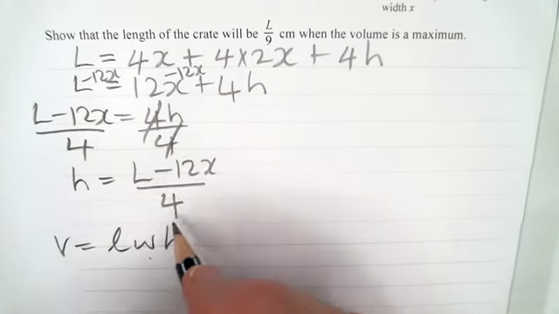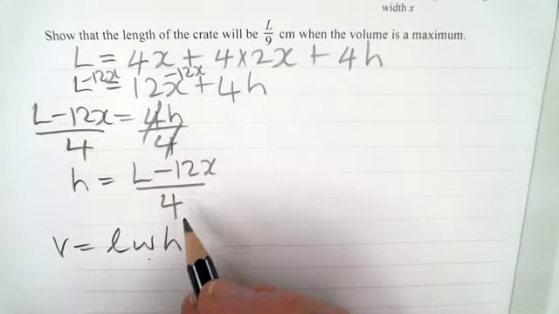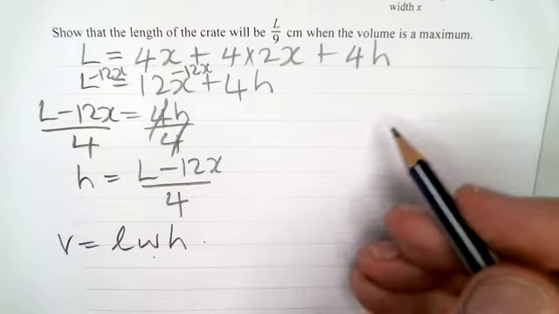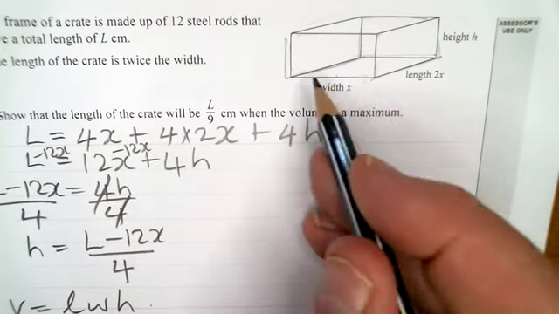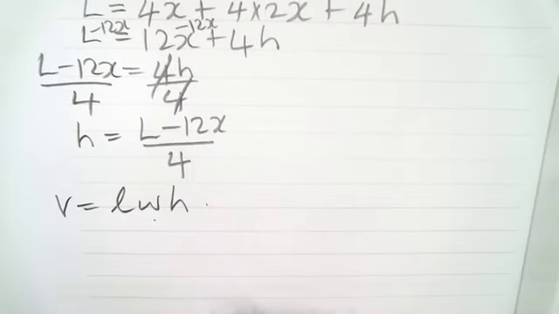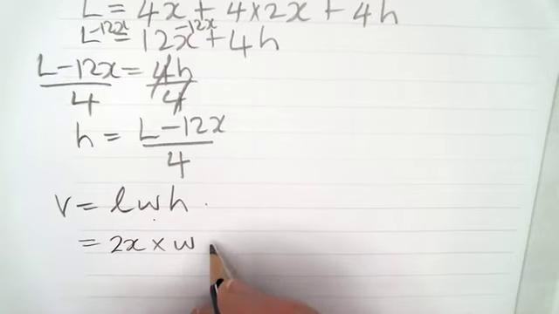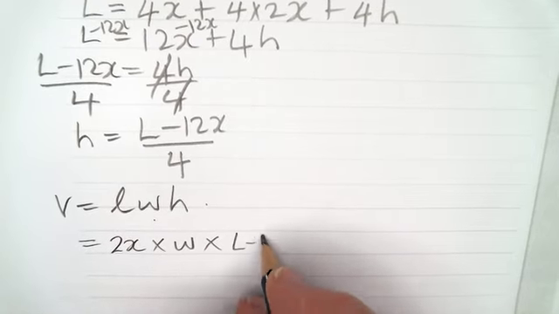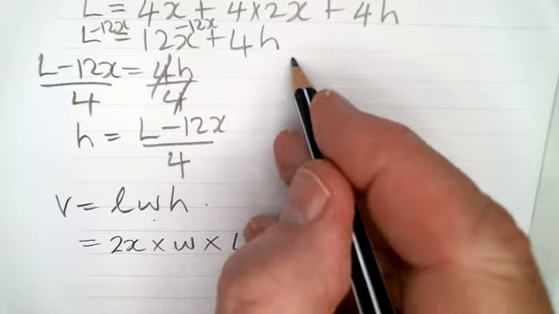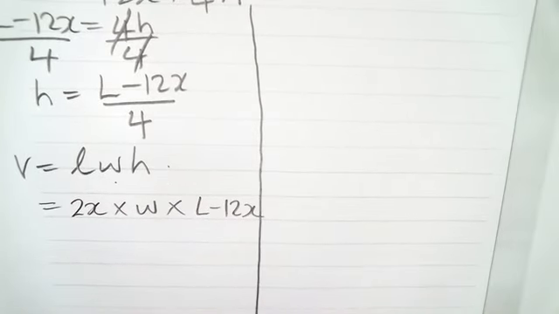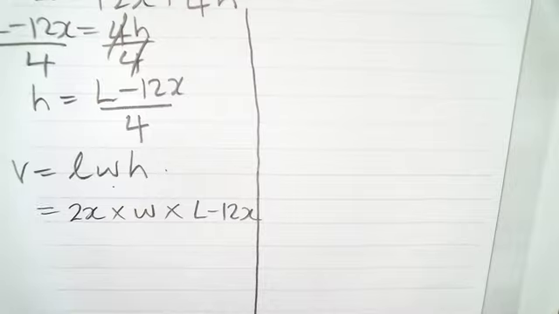We know what those are mainly, but height has to be in terms of x, otherwise it makes it a bit difficult to differentiate it to find the maximum. So the length is going to be 2x, the width is going to be x. So I've got length 2x times the width, which is x, times the height, which is (L minus 12x) on 4.